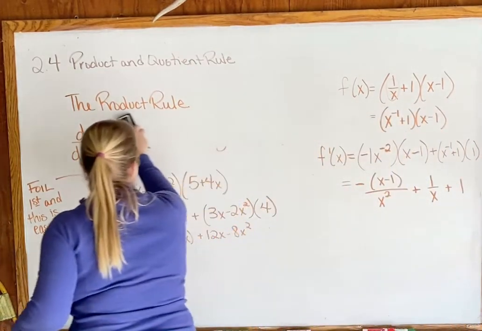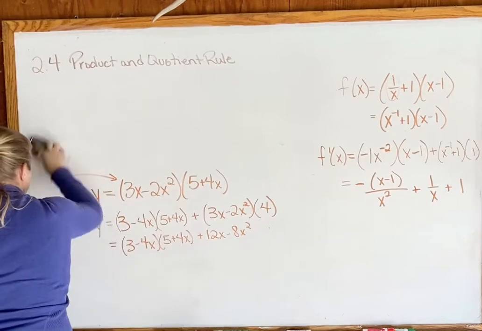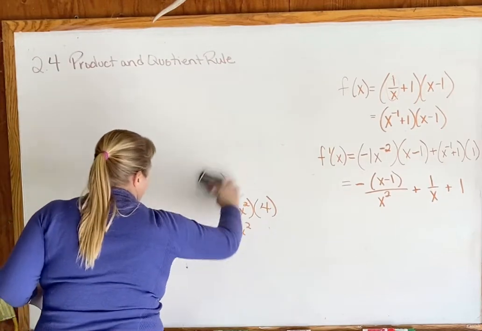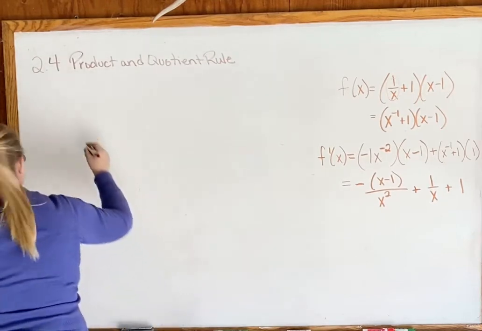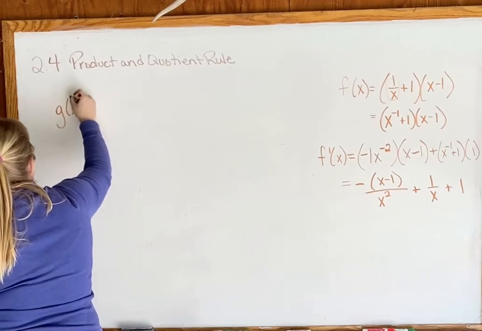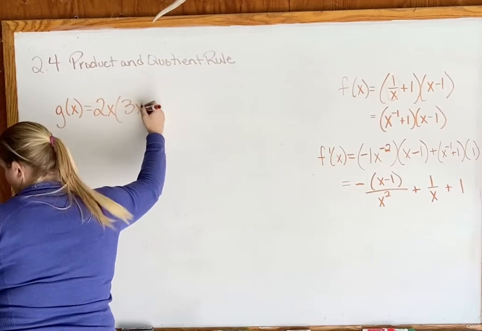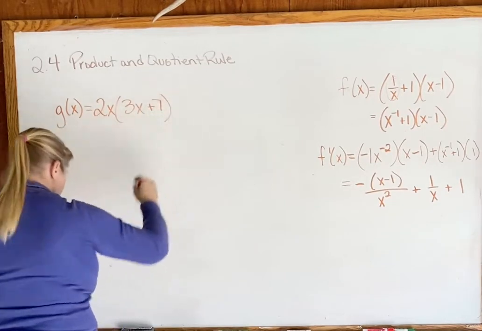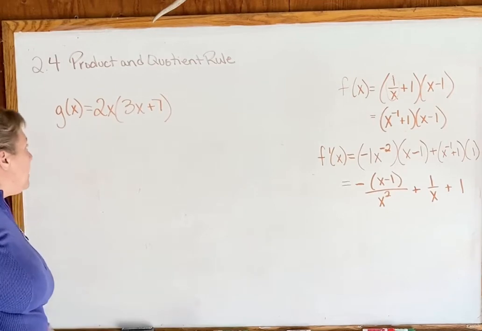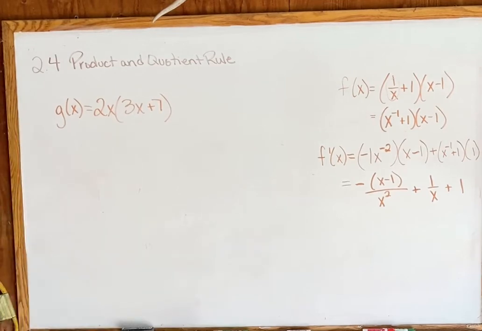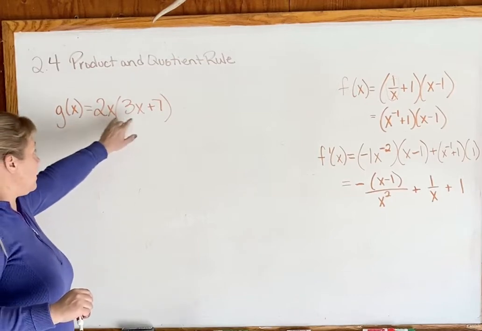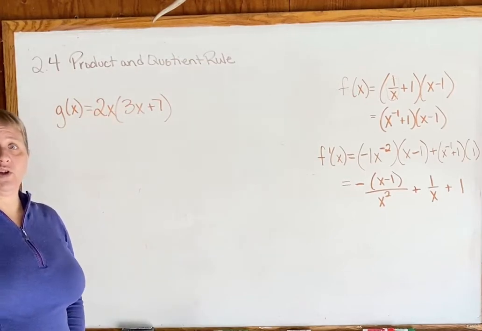Let me give you one more. Let's say g of x was equal to 2x times 3x plus 7. Now, if I was going to ask you to find the derivative of this guy, the question is, if this was on you, not on me, what would you do? Now, I do see a product, but is that the rule you would jump into?